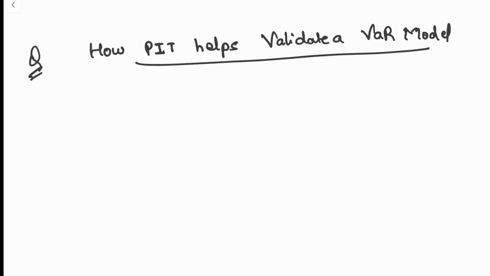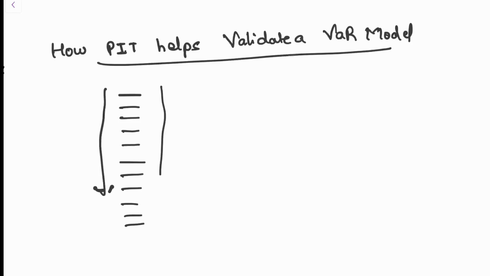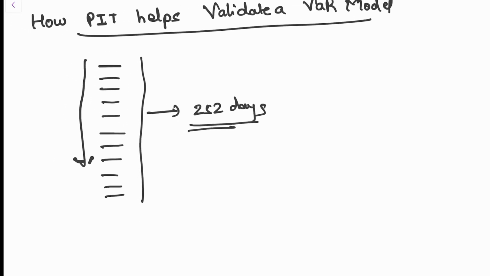See, once we have a time series of PIT, means on a daily basis you have the value of PIT, so we call this a time series because for every day you have the value. Clear? Now we analyze their distribution to test the VaR model. Suppose it's 252 days of data, you have already analyzed it. Clear?